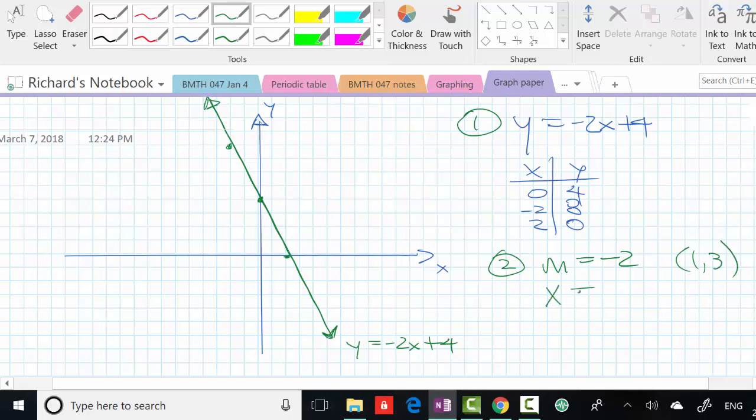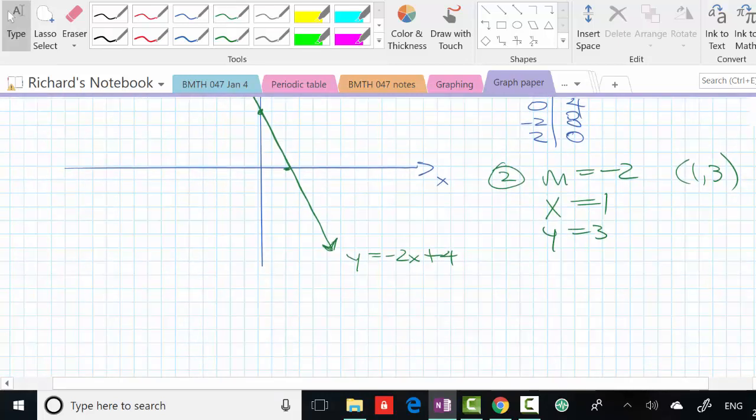So that means my x value is 1, my y value is 3. Now I'm going to use the standard form of the equation for a straight line, y equals mx plus b. My y value is 3 when the slope is minus 2 and the x value is 1.